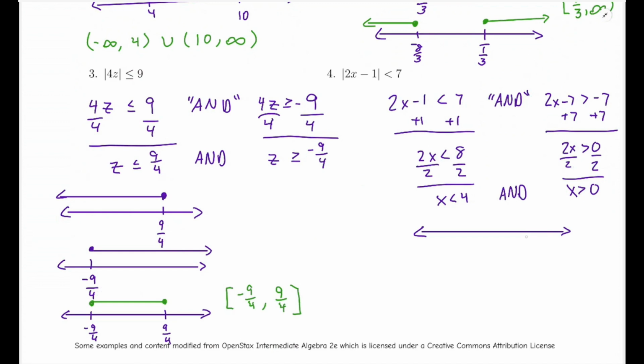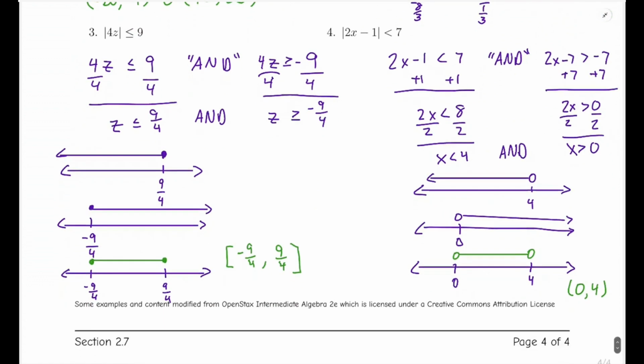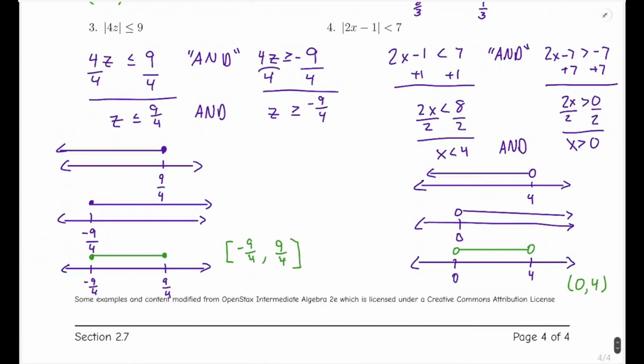So we get less than 4, greater than 0, and then they overlap between 0 and 4, not including 0 and 4, in interval notation 0, comma 4 with parentheses. And that's the end of section 2.7.